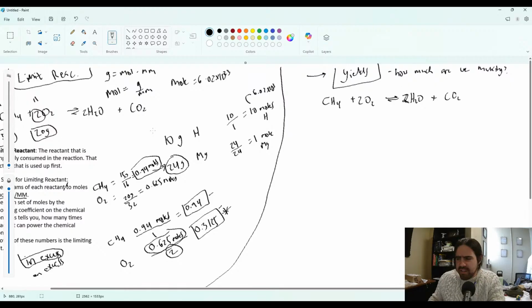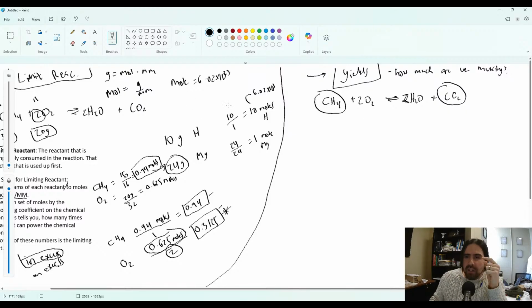So what that means then is that I have to figure out a way that I can go from moles of one thing to moles of another thing.